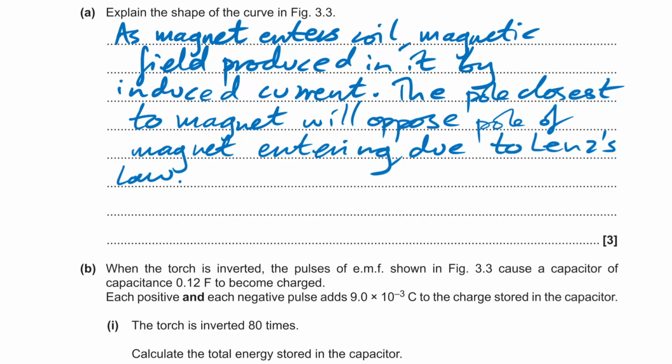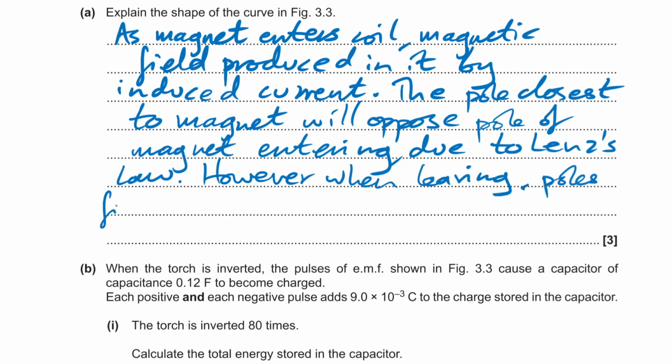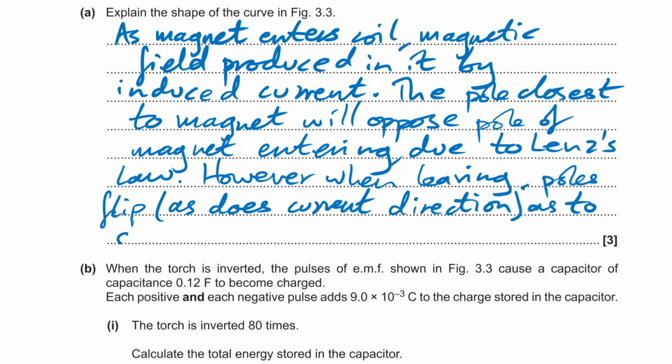So we have a north pole being induced that tries to counter the north pole entering. However, when leaving, the poles flip, and so does the direction of current, so as to oppose movement of the magnet away from the coil.